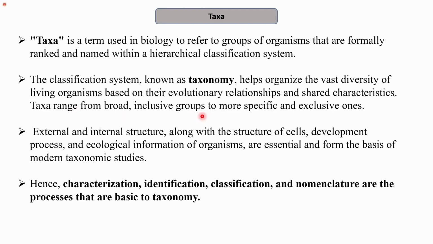For example, if I talk about animals, which is a broader taxa, under that we can have cats as a different group, dogs as a different group, and humans as a different group. As we move towards more specific characteristics, the taxa become narrower, and the characteristics become more specific.